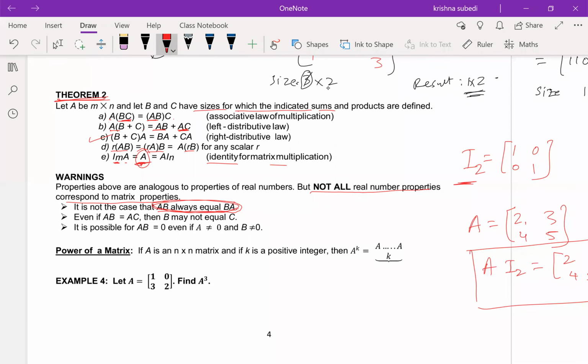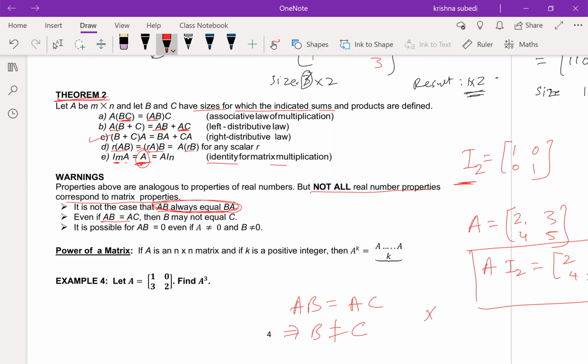Another important point to remember, a warning: suppose AB equals AC, then can I say B equals C? Does this imply B equals C? Not necessarily.